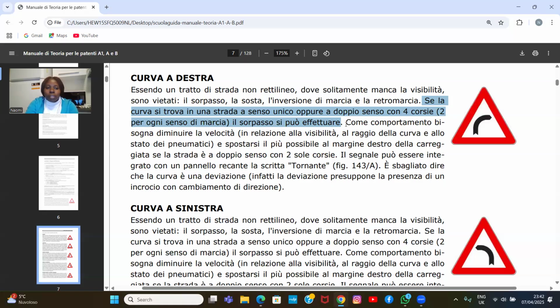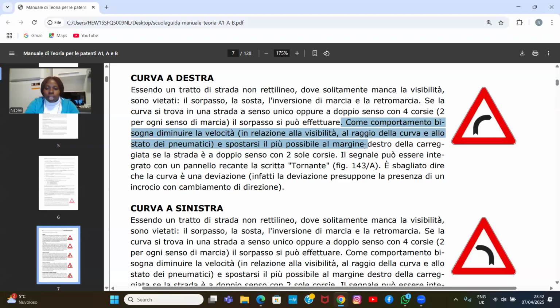That is 2 lanes going and 2 lanes coming. That now allows you to overtake because you have 2 lanes at your own side of the road and 2 lanes at the other side of the road. So you can overtake.